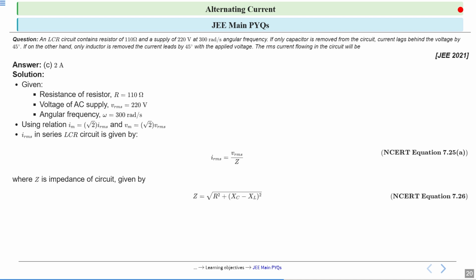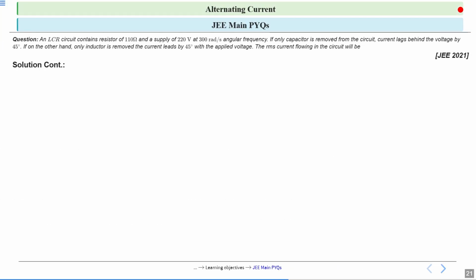So now we will find what XC and XL are. To find the RMS current, VRMS is given, we have to find Z. For Z, R is given, we have to find XC and XL, or find in what condition the circuit is. To find Z we have to find XL and XC first.